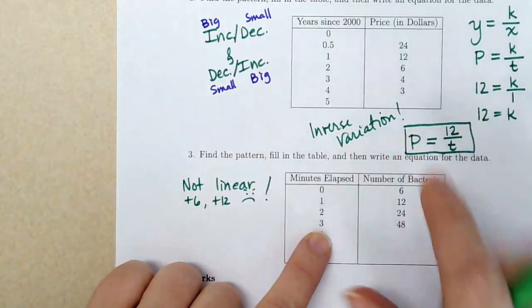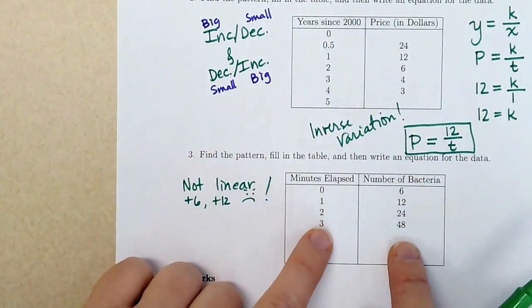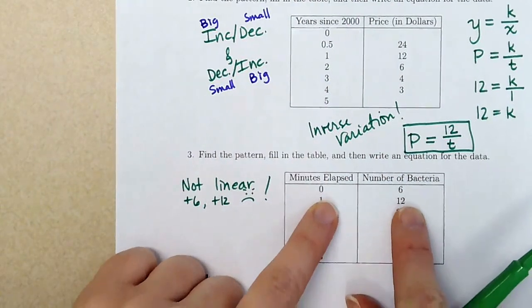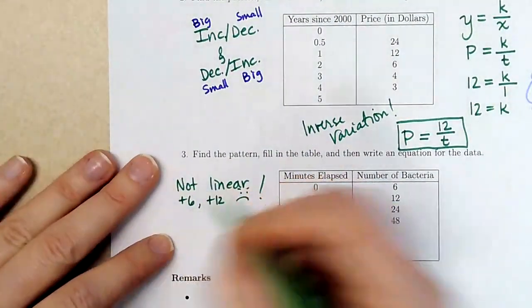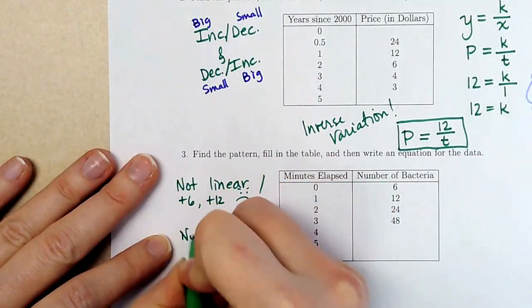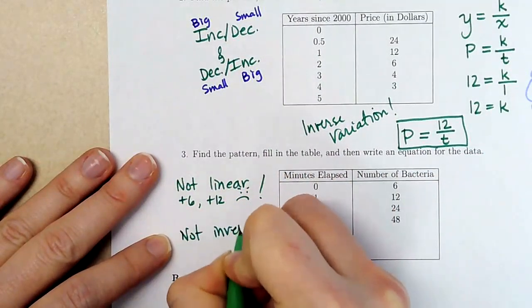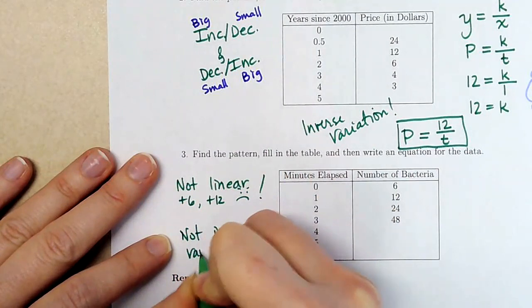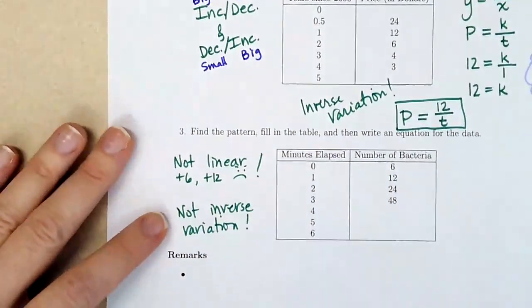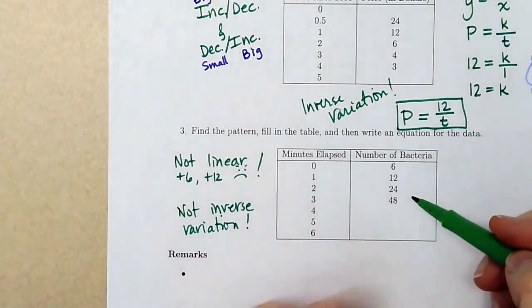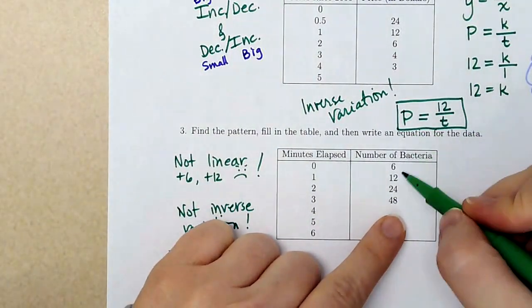It is small to big, small to big, small to big. So it's not inverse either, and we're not told it is. So not inverse variation. Okay, so then we are on our own, left to our own devices to figure out this pattern.